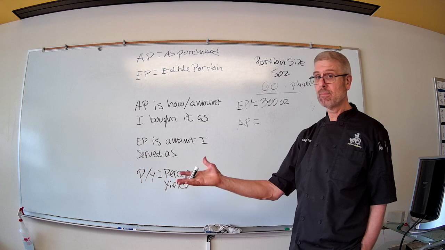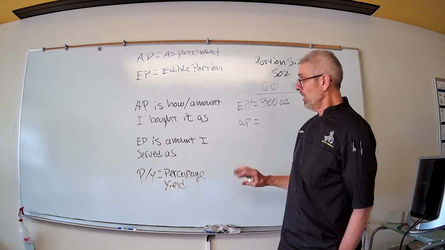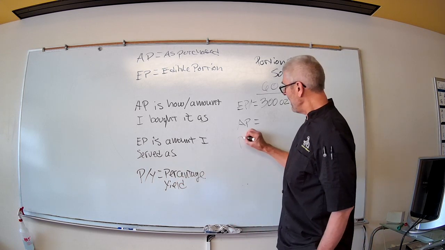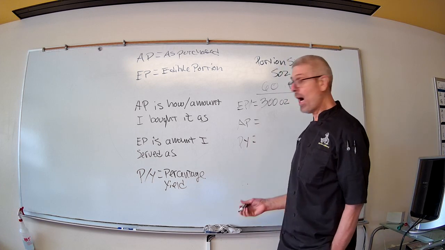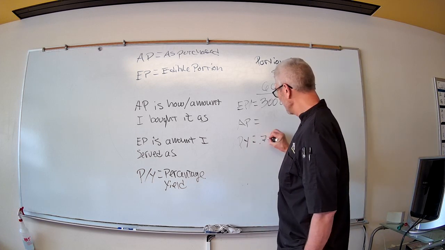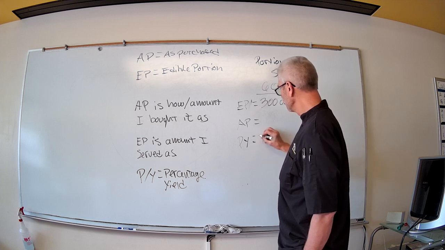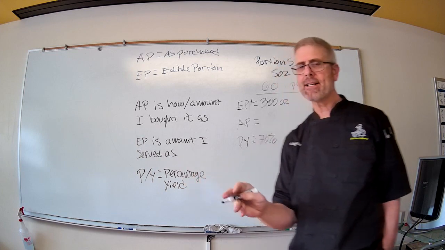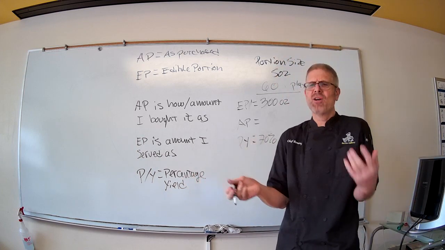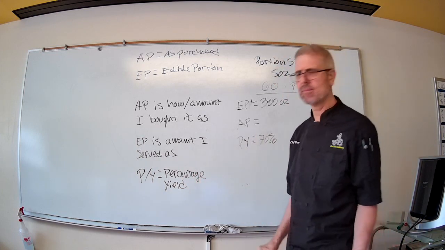That's where the percentages come in. So the percentage yield for raw pork is 70%. About, give or take, it might be 65, depending on the pork you buy. So let's just call it 70%.